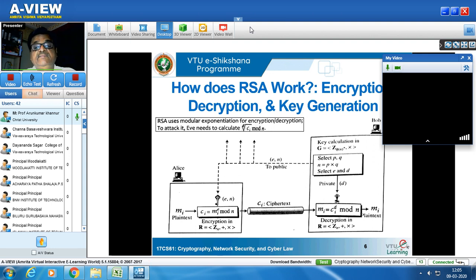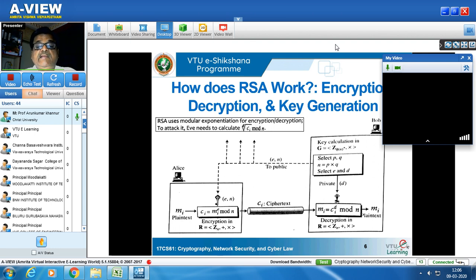In addition, the receiver generates the encryption key and decryption key by making use of prime numbers P and Q. By picking prime numbers P and Q and using the algorithm, encryption key E and decryption key D will be generated.